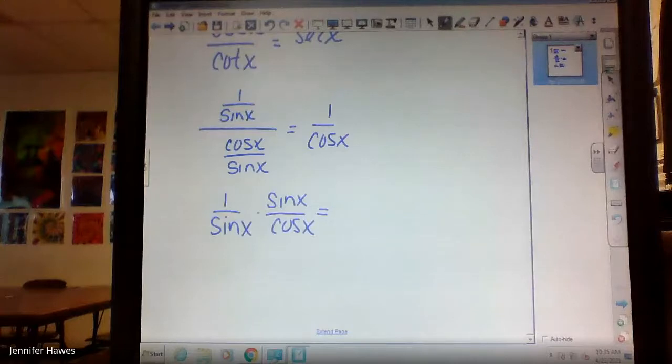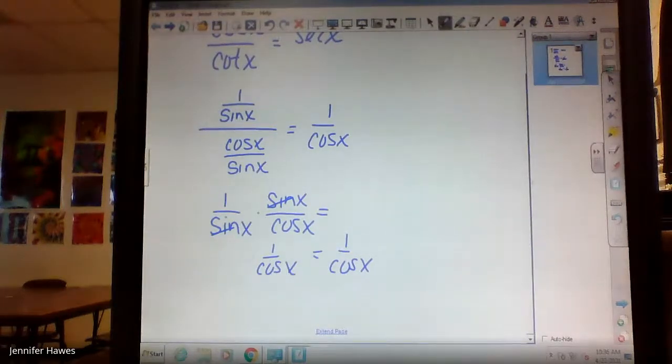What happens here? The sine crosses out, then you're left with 1/cos, which is exactly secant x, which is exactly where you want it to be. So at the end, you'll have the same thing equal to each other.